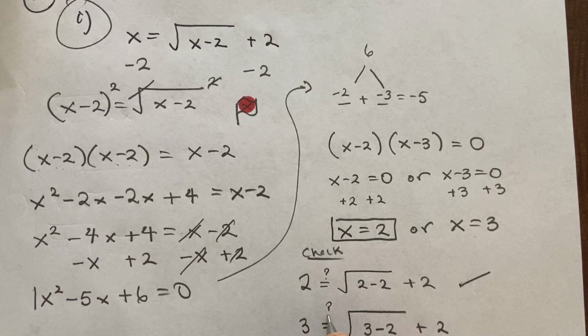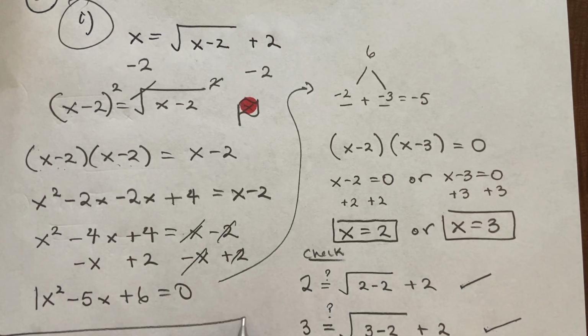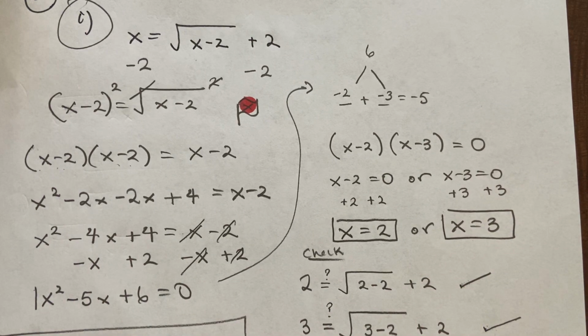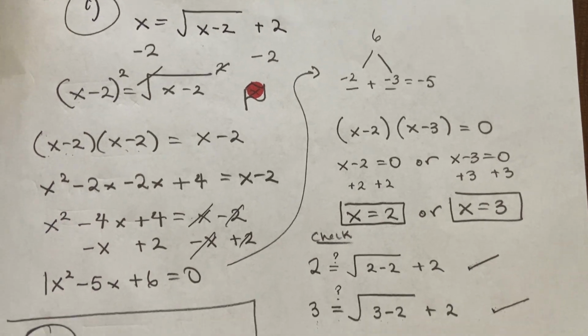Right, is this true? So plugging in, I'm plugging in my 3 now for x. So 3 equals root 3 minus 2. This is 1 plus 2 equals 3. These both work, actually, in this case. That's number 6, part 1.